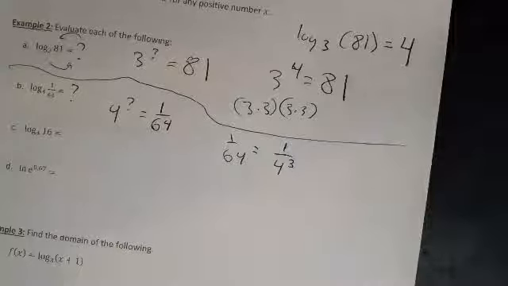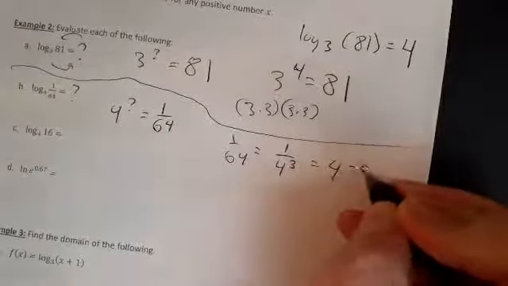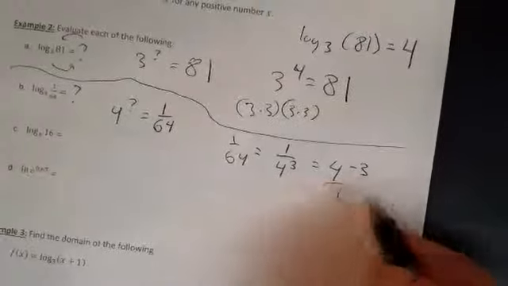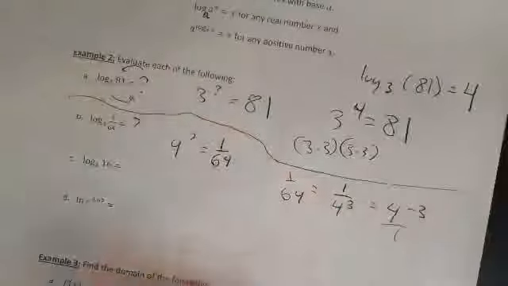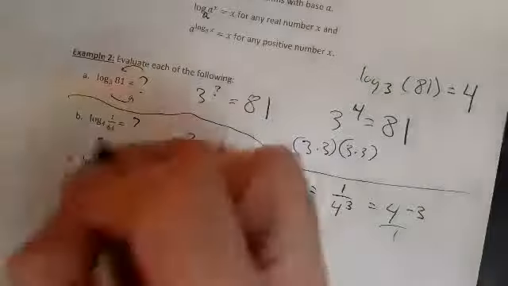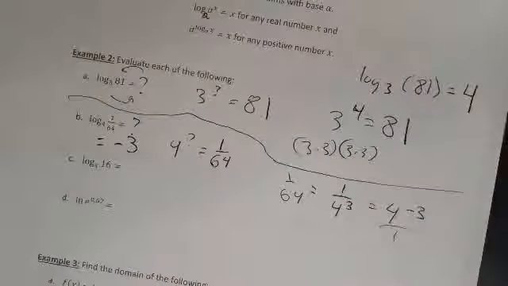Four to the negative 3. Yep, and so it's going to be 4 to the minus 3 if I want to convert this to something on top, right? If I want to flip it. And so the number that we're looking for here is the exponent. So the exponent that we figured out was minus 3.